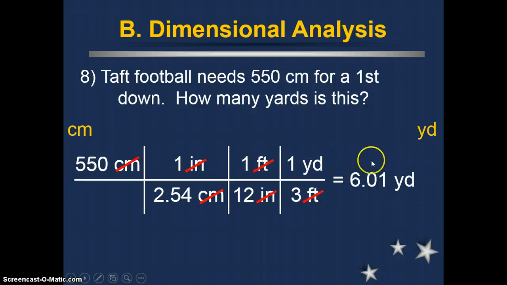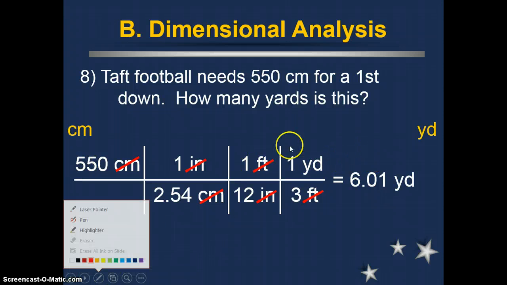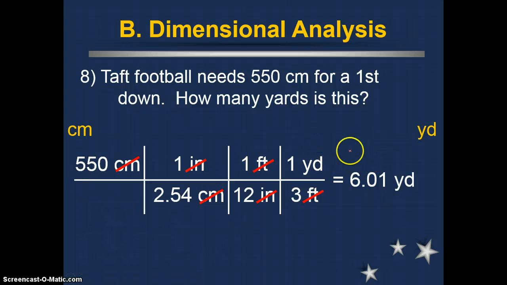So again, across the top was just the 550. I'll do it off to the side here. Okay, 2.54 times 12 times 3 was 91.44. When I divide these two numbers, 550 divided by 91.44, I'm getting the 6.01 yards.